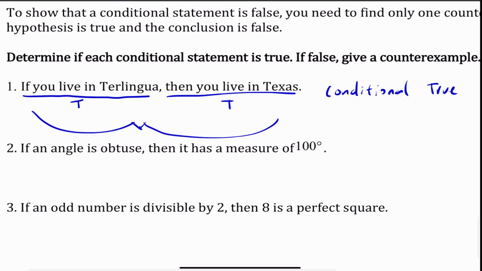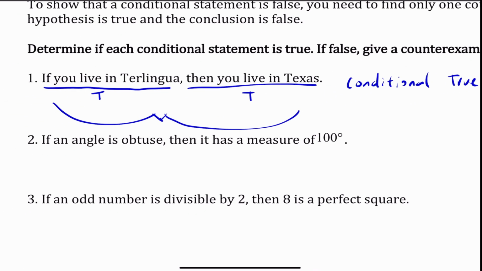Next. If an angle is obtuse, then it has a measure of 100 degrees. So I look at the hypothesis and I'm like, okay, the hypothesis is true. In general, the hypothesis is almost always true. But in this case, yes, we do have angles that can be obtuse. So that is true. So if an angle is obtuse, does it imply that it is strictly 100 degrees?